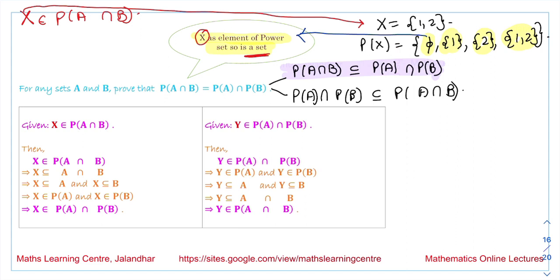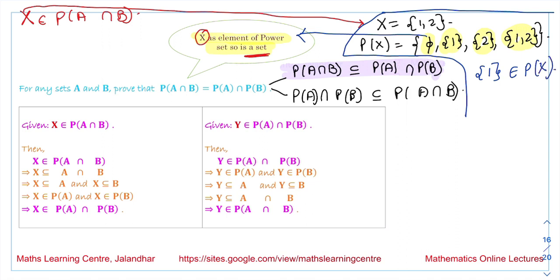Now again, if you look at this example over here, suppose I say this set {1} belongs to the power set of X. First, this is a set, since the element of the power set is a set. Then what we have is that this set {1} is a subset of the set X. The same thing we are using over here.